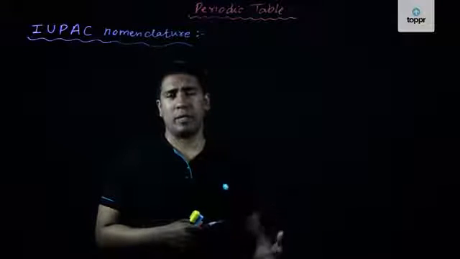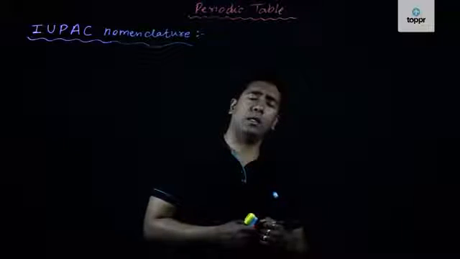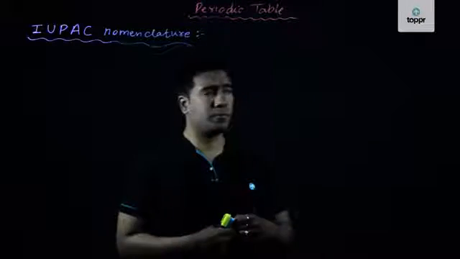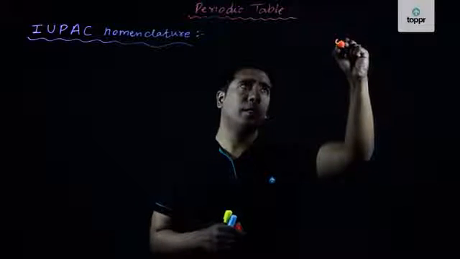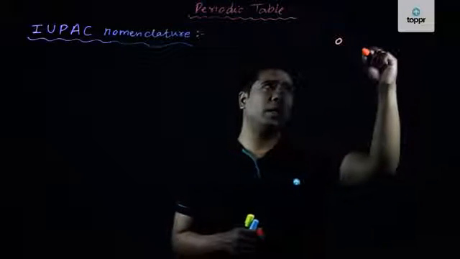So what was the basic name given to different numbers, as we give in English: 1, 2, 3, 4, 5, 6, 7, 8, 9, 10? In a similar way, what was the name given to each number from 1 to 10? Let us look at it. First, let us start with the number 0. In IUPAC nomenclature, the number 0 was given the name nil.